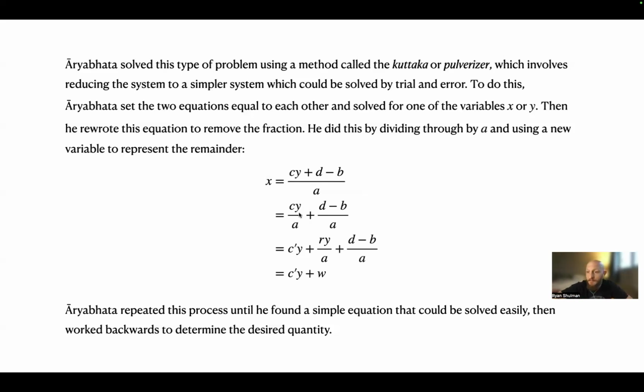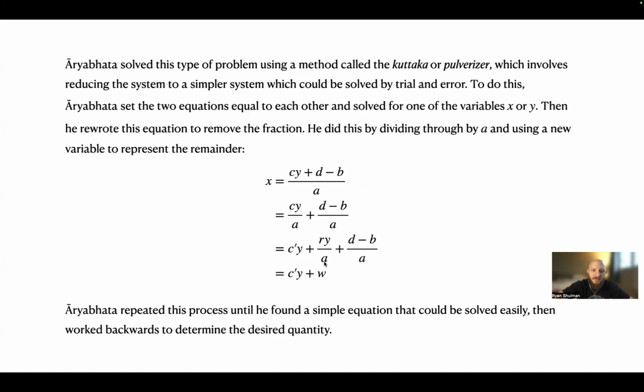We can break this up as cy over a plus d minus b over a, and then suppose that a goes into c prime times. Then we could break this up further to say that cy over a is equal to c prime y plus ry over a, where r is the remainder of dividing c by a, plus d minus b over a, of course.